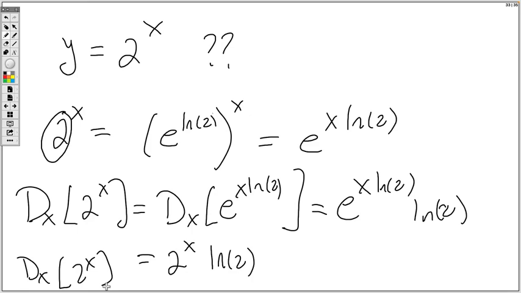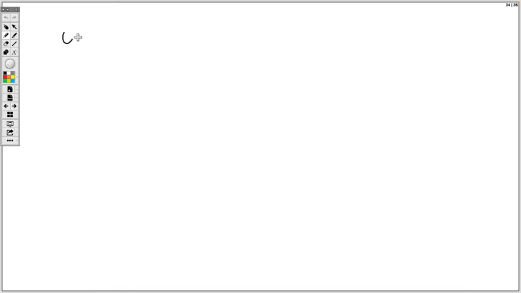Okay. So in the same way you could just change your base all the time with logs, you can change your base on exponents the same way. Alternatively, you could find the derivative using logarithmic differentiation.